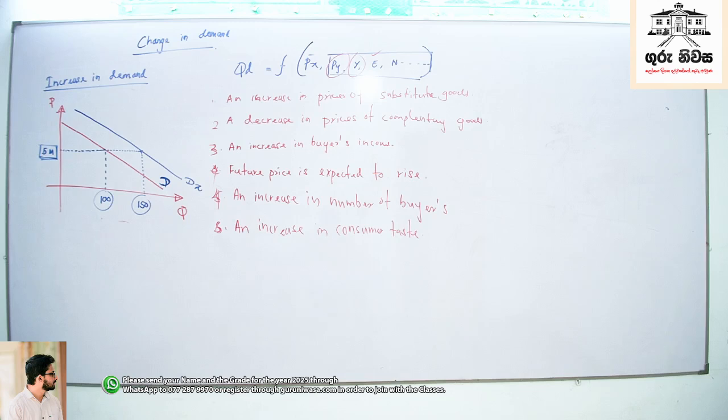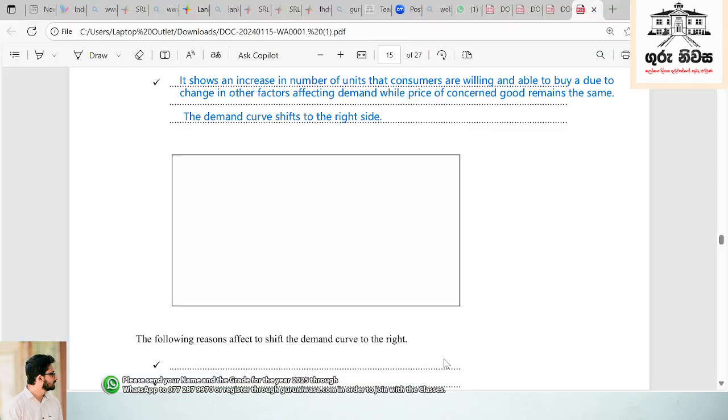Put an arrow there. The arrow shows the direction of the shift. There is a box, Lamai. Draw the demand curve first.